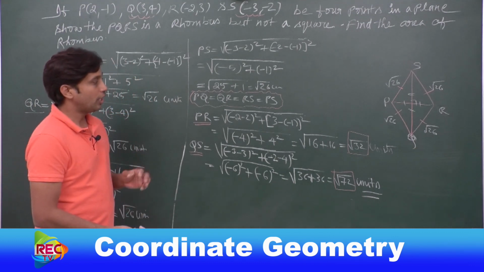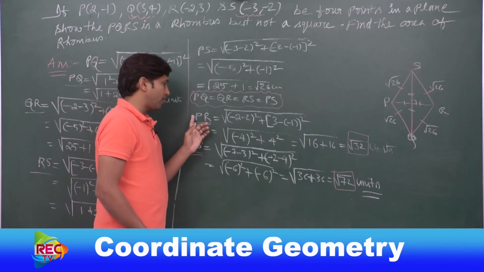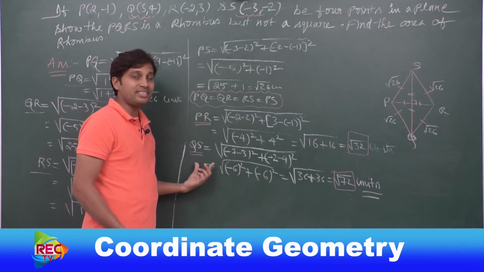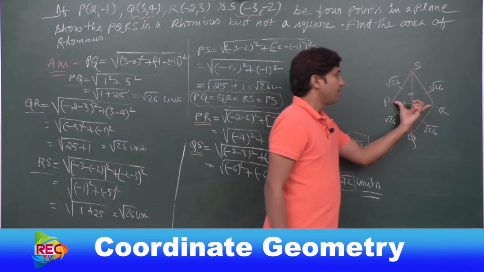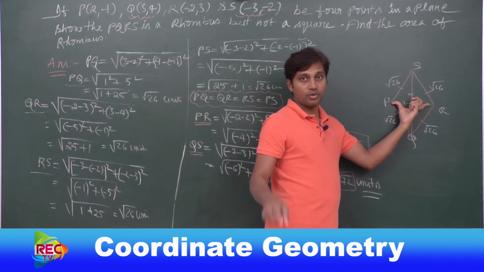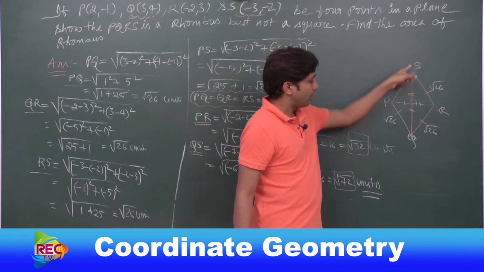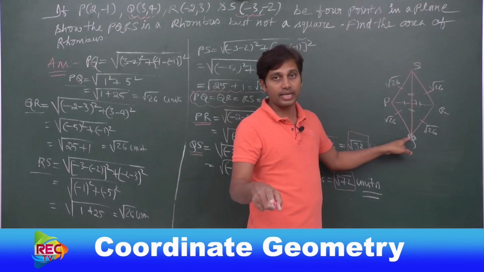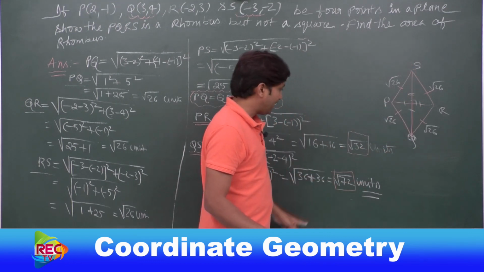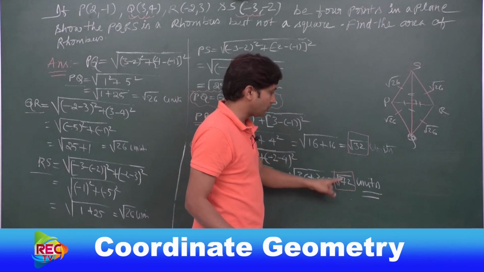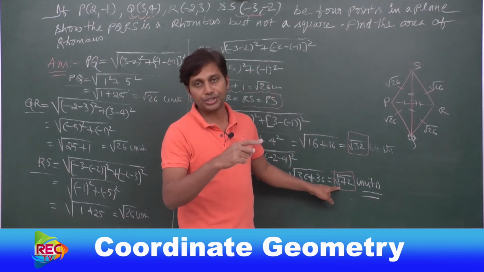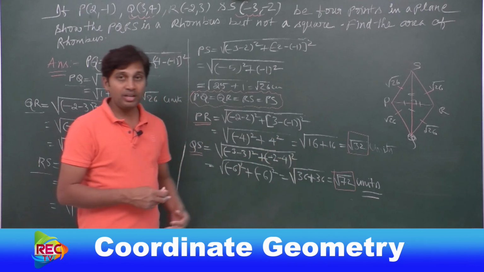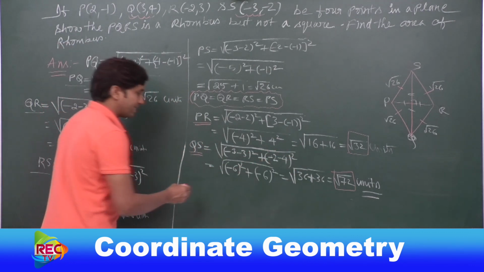You obtained or not? Now tell me what are the PR and QS lines? PR represents one of the diagonals of this quadrilateral and QS is another diagonal of this quadrilateral. So we obtained this value as root 32 and this is root 72. Tell me, are they equal? No. So these are certainly not equal.